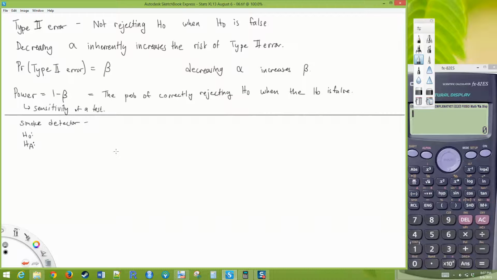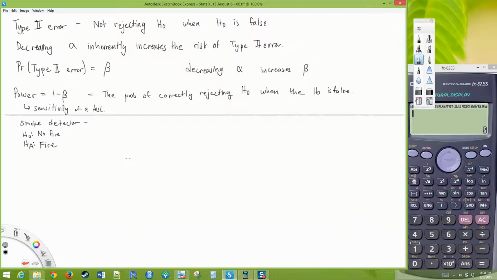Which one is the null and which one's the alternative? I would say the null hypothesis is that there is no fire, and the alternative is that there is a fire.